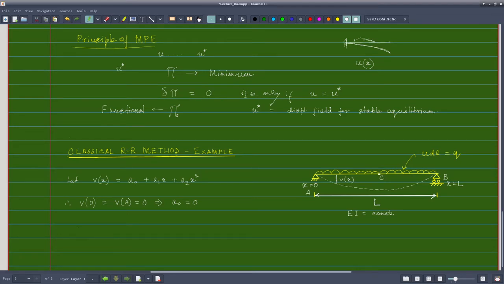Similarly, by using the other EBC, V(L) equal to 0, and since a0 is 0, this gives me a1 into L plus a2 into L squared equal to 0.